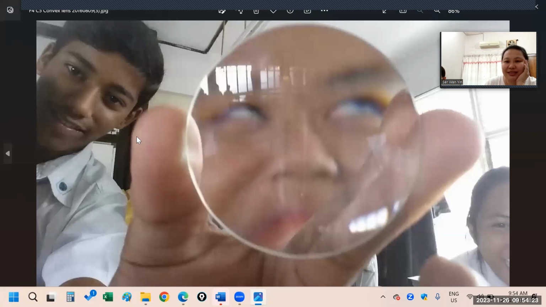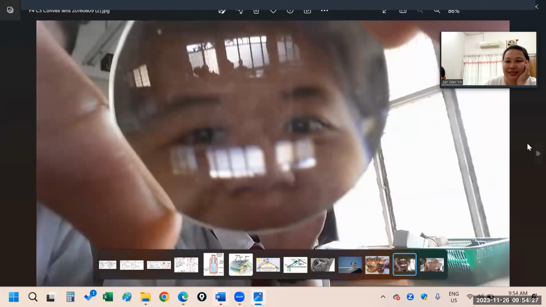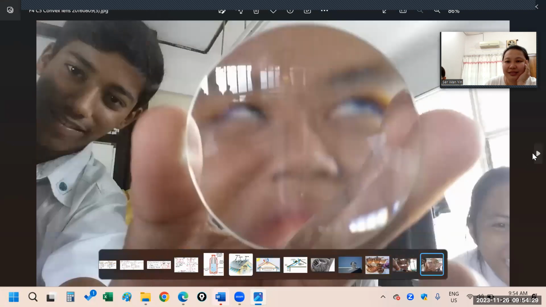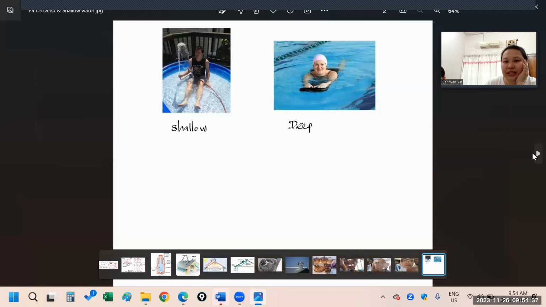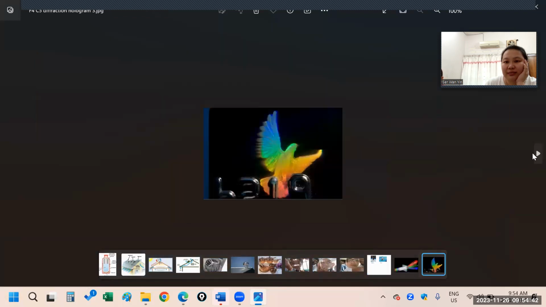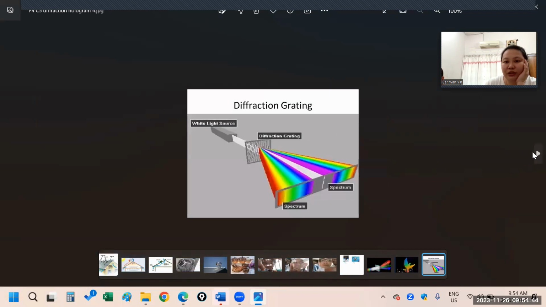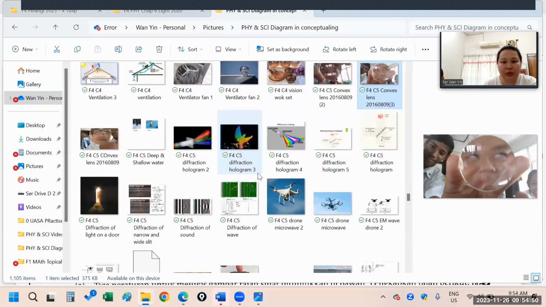Okay, the person is very far away, but they form the image onto the screen. This is refraction of light. Wait a minute, one more.